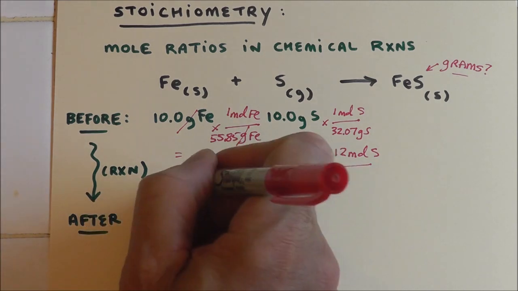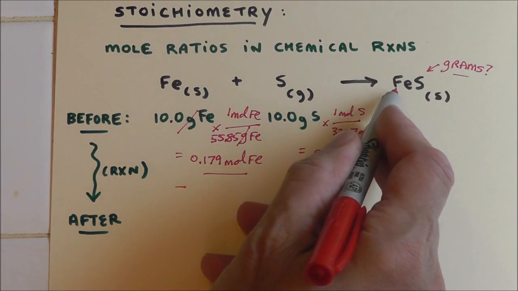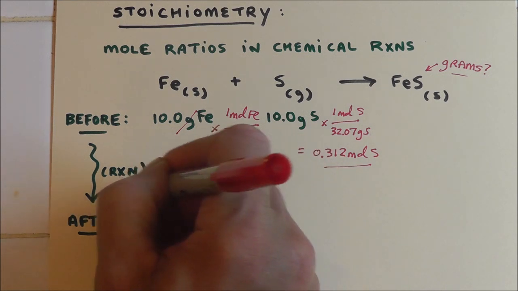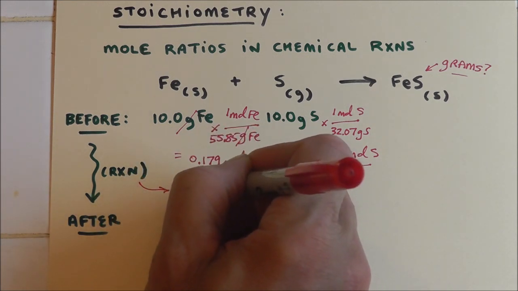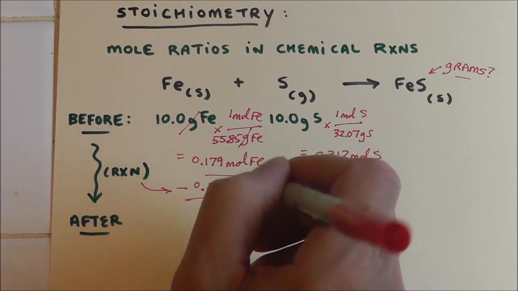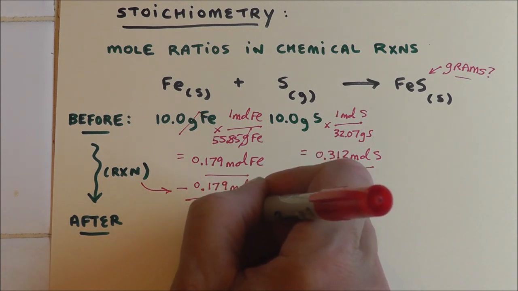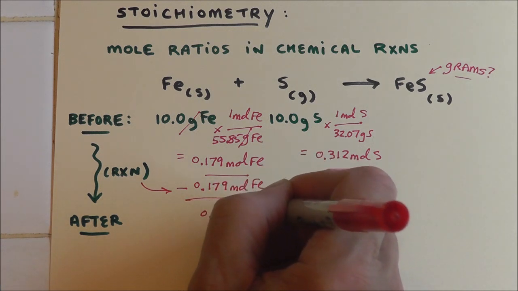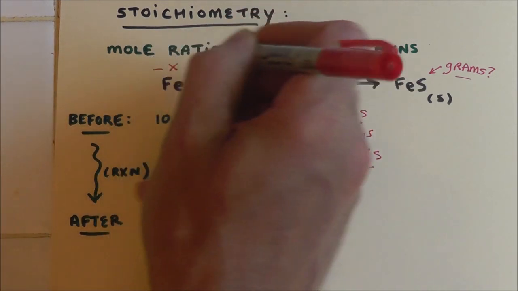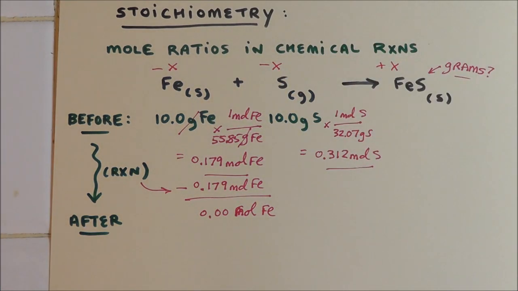After the reaction occurs, it's going to consume 1 mole of iron and 1 mole of sulfur. It's going to make 1 mole of iron(II) sulfide. And so as the reaction occurs, the 0.179 moles of iron will disappear and become 0.0 moles of iron, minus x plus x, whatever x number of moles is.